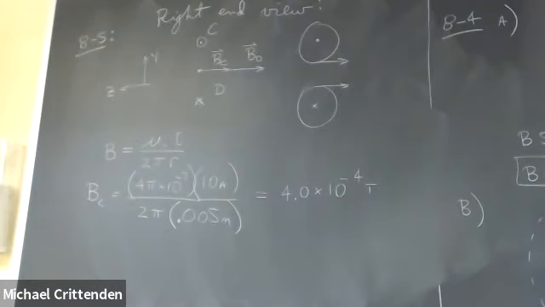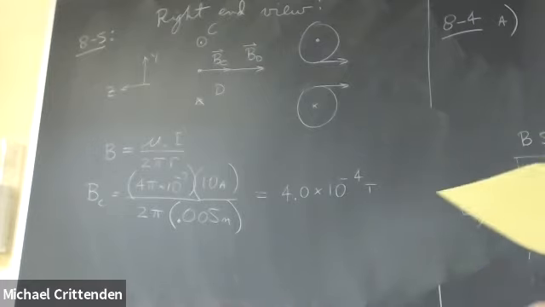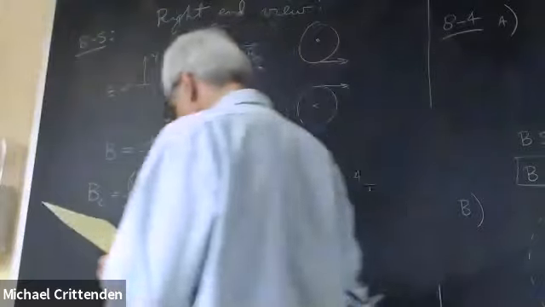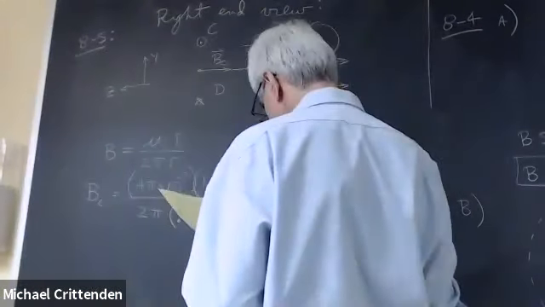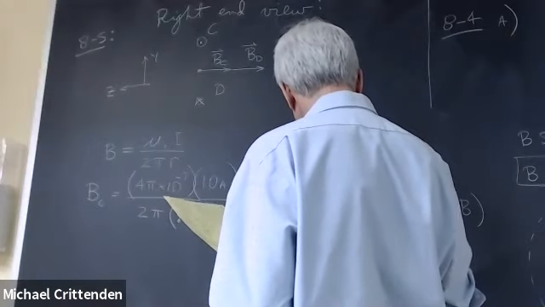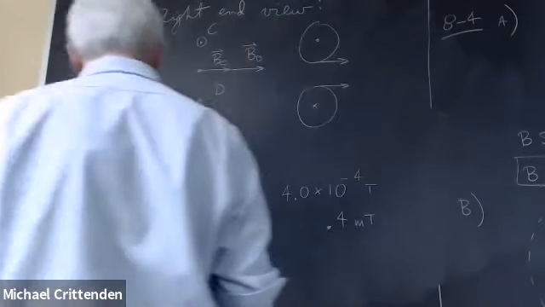So the contribution from the one wire is 4 times 10 to the negative 4 Teslas. 4 Gausses, if you'd rather look at it that way, or in terms of more modern units, 0.4 of a millitesla.